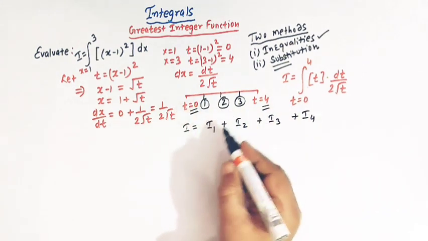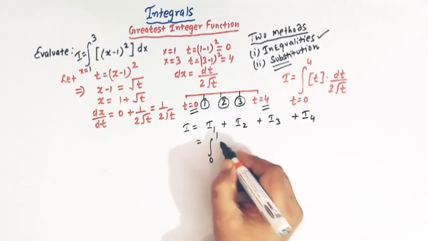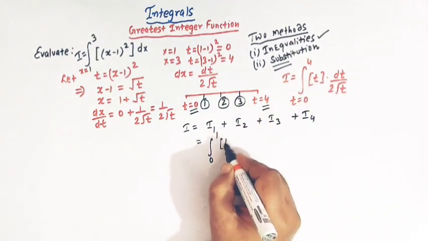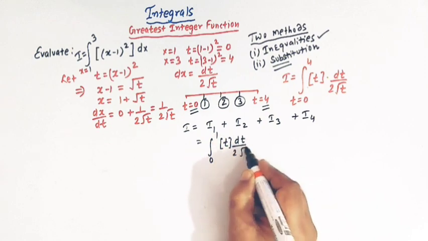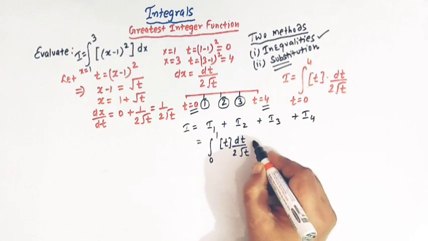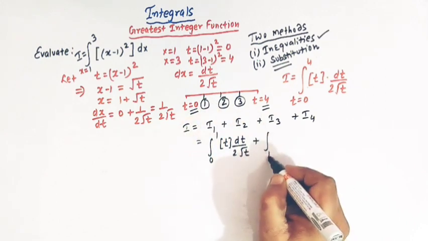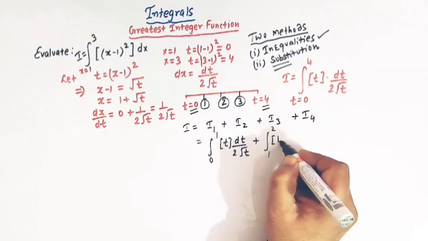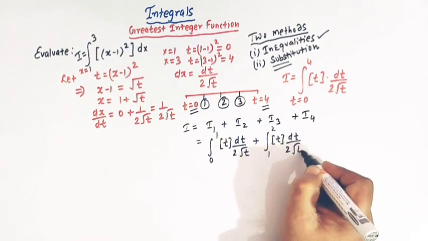The first integral I1 is from 0 to 1 of the greatest integer of t dt over 2 times square root of t. The second integral is from 1 to 2 of the greatest integer of t dt over 2 root t.